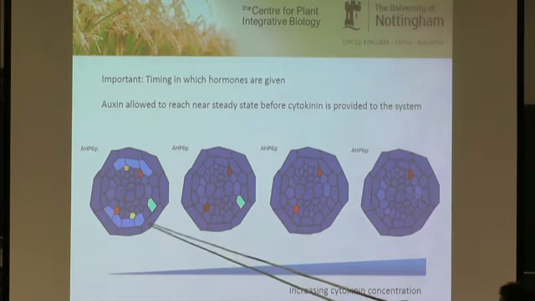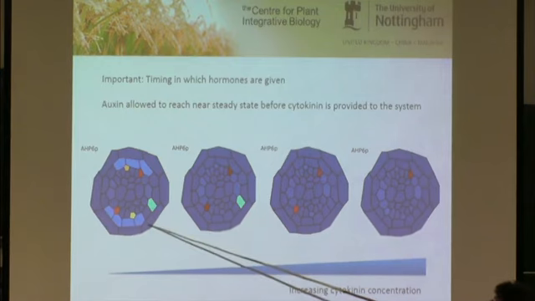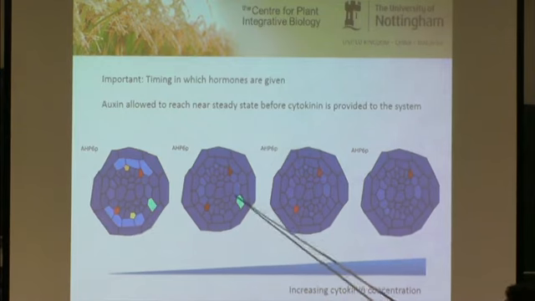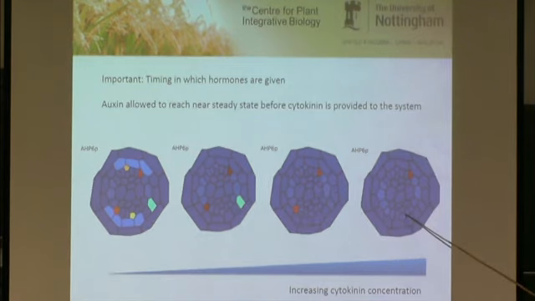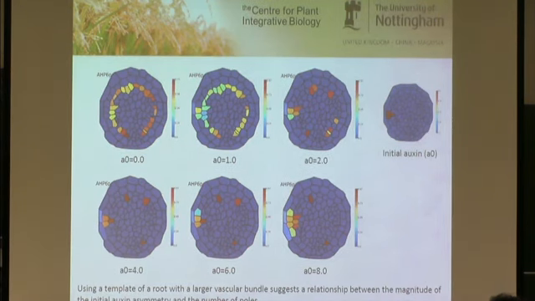You go from a state, again, not robust at all, and you limit down the number of poles, and you do get to a situation where you get the 2 poles we've seen in the earlier simulations. Then if you drive it up even further, not surprisingly, cytokinin wins everywhere. You end up with 1 pole here and then it'll disappear altogether. So that would be an argument that if you ramp up the cytokinin to some particular level, you're making the pattern more robust. But so far those pictures are all with exactly the same geometry I had before.